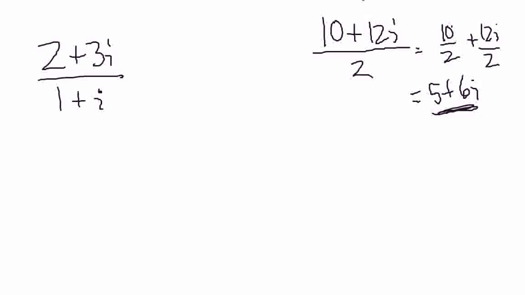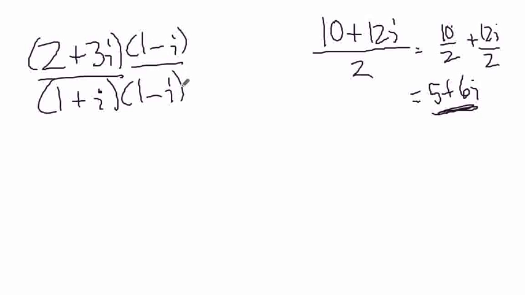How in the world am I going to turn the bottom into a real number? Well, I can't just willy-nilly change it to anything I want. However, we know from algebra that we're allowed to multiply the top and bottom of a fraction by the same thing, as long as it's not 0. So in this case, and you'll see why when I'm done, I'm going to multiply it by 1 minus i.